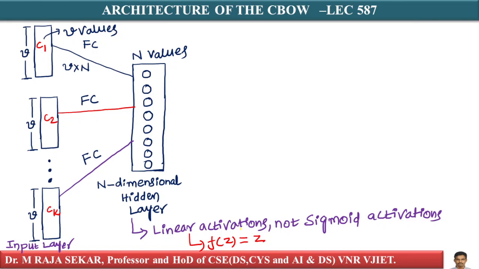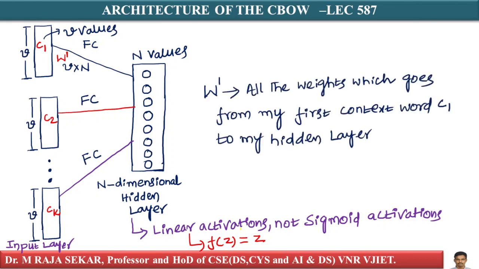Let's call these v cross n weights w1 or w power 1. W power 1 is a matrix of order v by n. What is w power 1? It is all the weights which go from my first context word C1 to my hidden layer. What about my w power 2?